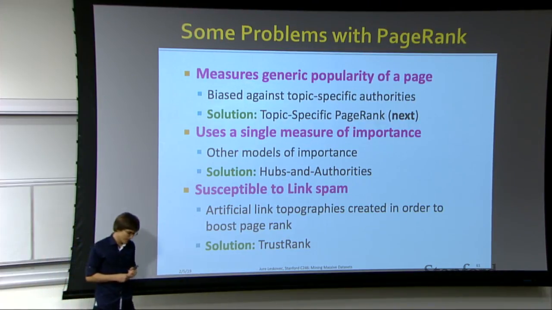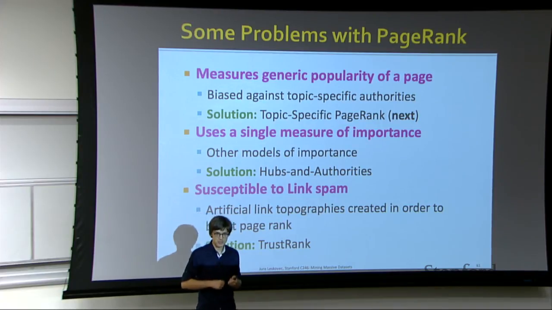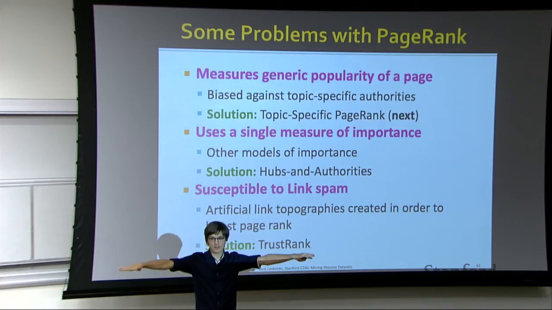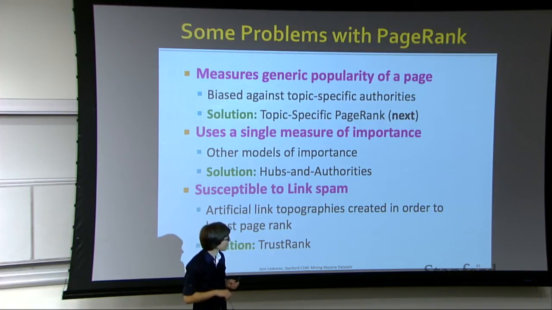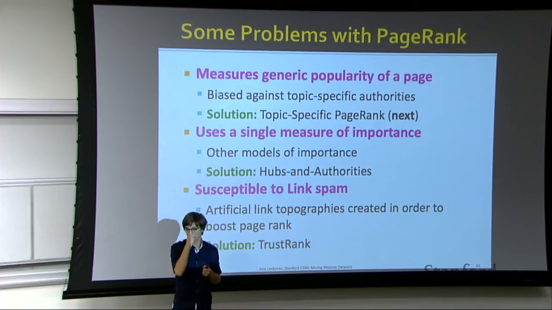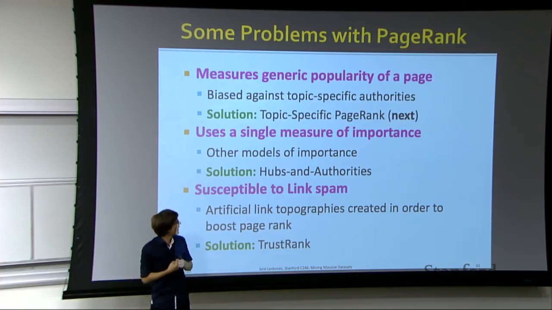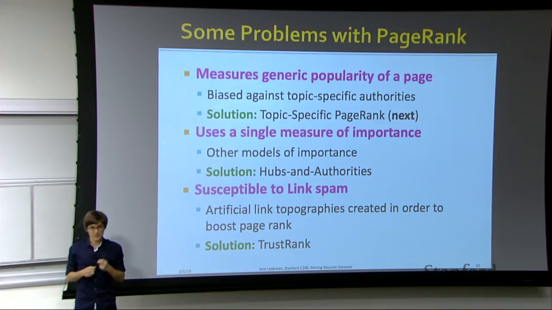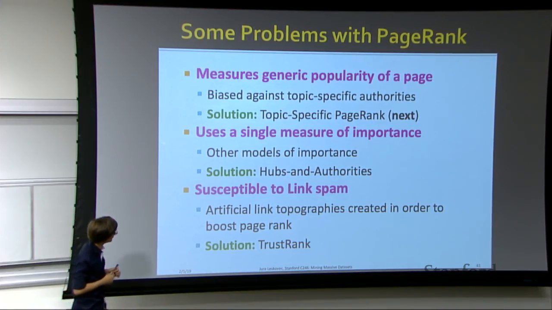One thing we did in our random walker and teleportations, we said when the random walker teleports, it can land wherever it wants. The probability of landing is uniform. But you can actually play with where the random walker is going to land, and you can make that landing probability non-uniform as well. That non-uniform landing probability is called topic-specific PageRank. So this is what we'll talk about next.